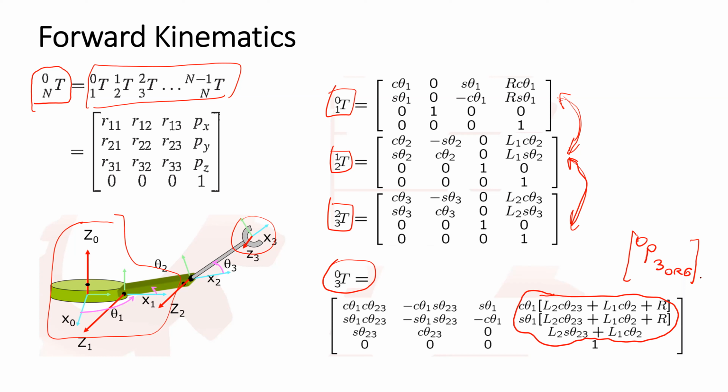This vector will relate the origin of frame T with respect to frame 0 in the XYZ direction. Does that make sense?